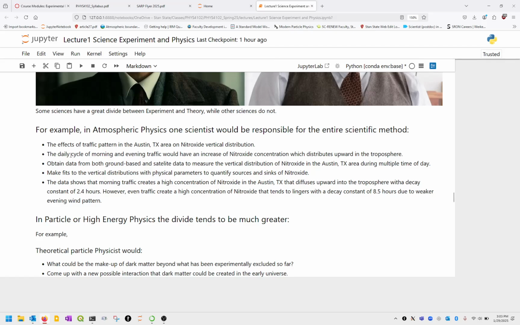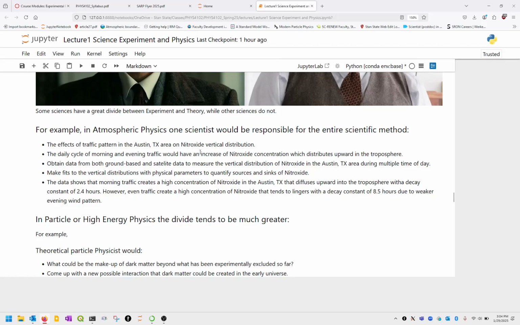The hypothesis is that the daily cycle of either morning or evening traffic, where people drive to work in the morning, drive home in the evening, and nothing in the middle, can cause an increase of this particular gas, nitroxide, NO3, to build up and flow upward into the troposphere. The troposphere is the layer of atmosphere that we live in. So hopefully you know where that is. If someone asks you where you live, say the troposphere.